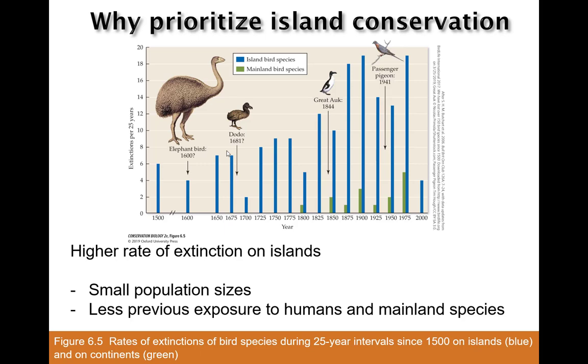This graph here shows the island bird species and their extinction rates over 25-year periods. The island species are in blue bars and the mainland species are in green, and so you can see the obvious huge differences in the extinction rates, where we only have maybe a few to a handful of species going extinct on the mainlands, and many species going extinct on islands.